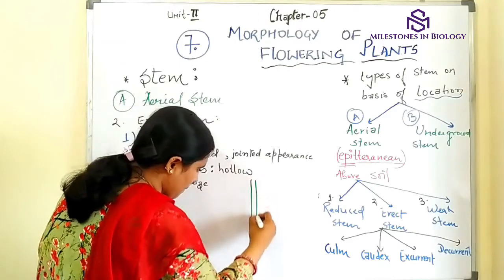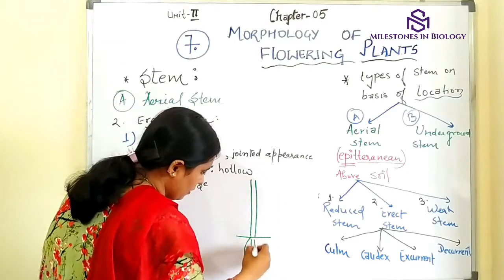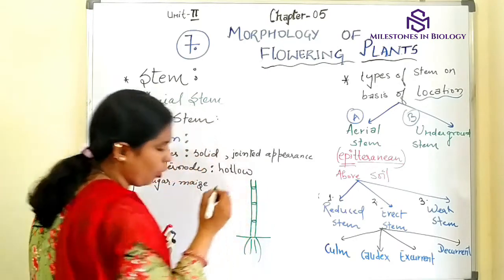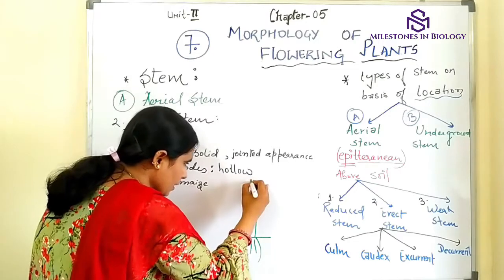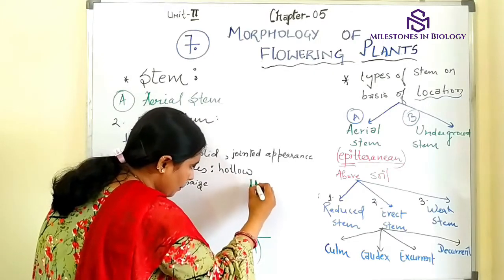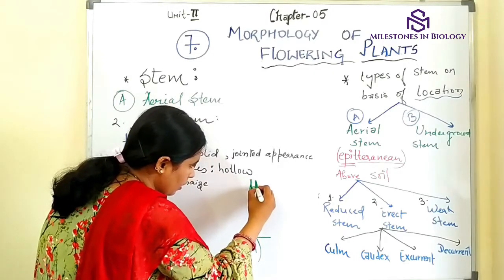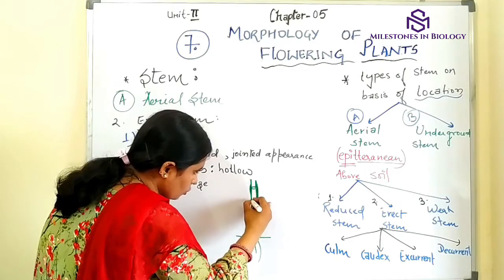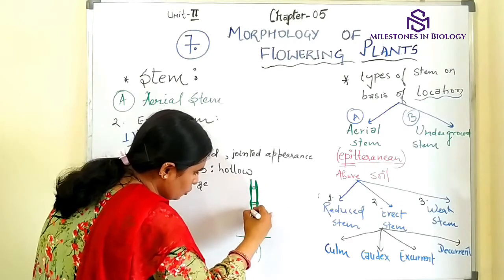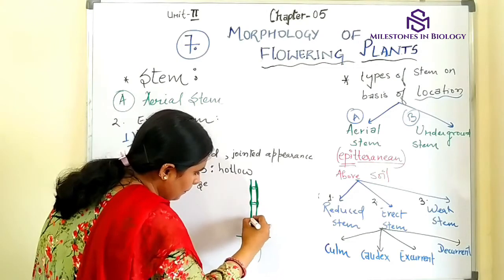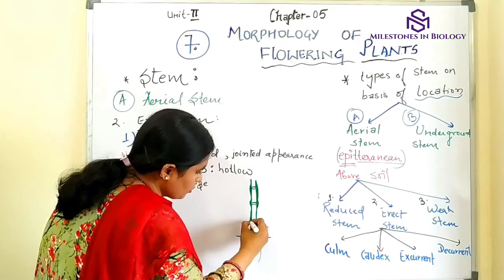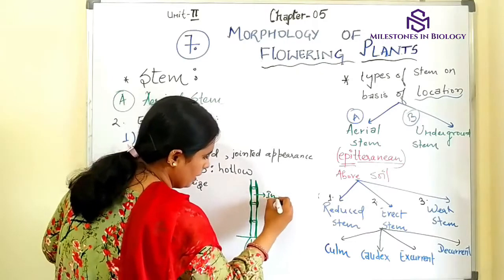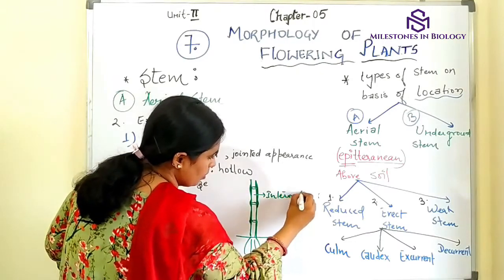This is the stem, and these internodes are hollow, and you will see they are a little broader than the other part. So that gives a jointed appearance to the stem. This internode is hollow.